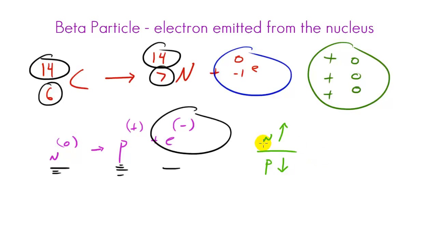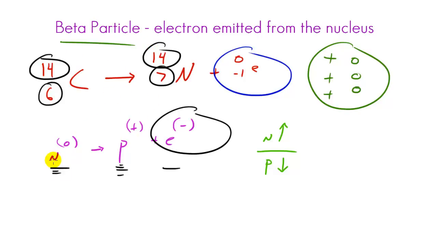So in some isotopes you have a high amount of neutrons and a low amount of protons. So this process of getting rid of a neutron and adding a proton helps even the ratio.